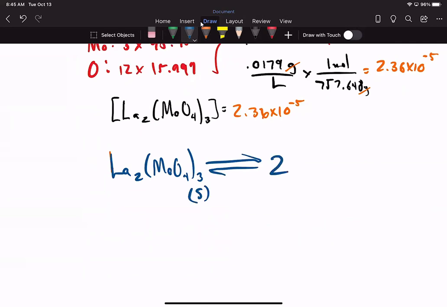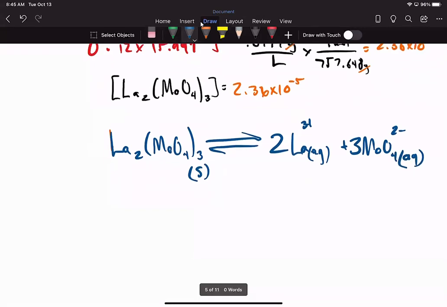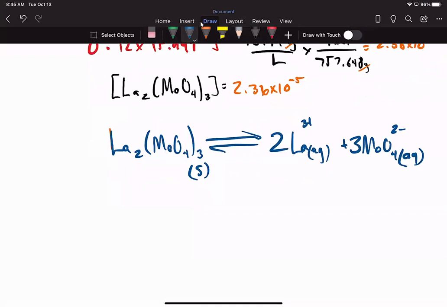We're going to break it up into 2 moles of lanthanum 3+ aqueous, and I'm going to have 3 molybdenum oxide 2- ions, and these are aqueous.